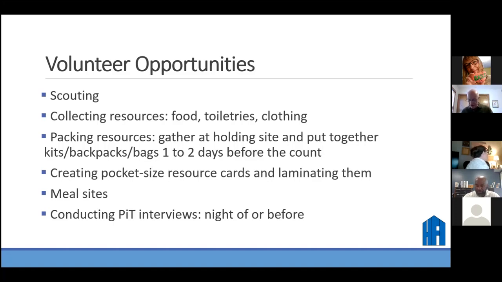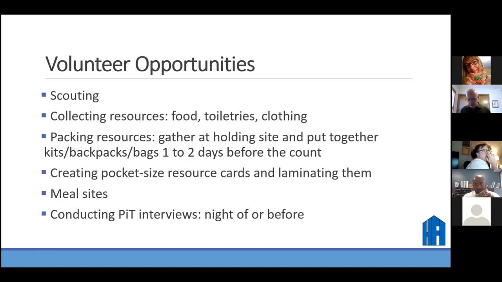So what is scouting? Well, that's where you visit known locations like parks, riverbanks, fairgrounds. You have people going out during the day and looking for people, because from having talked to DNR and the sheriff's deputies, you have learned, okay, there might be somebody at this park at this particular campsite, or there might be somebody living in this abandoned building, that kind of thing.